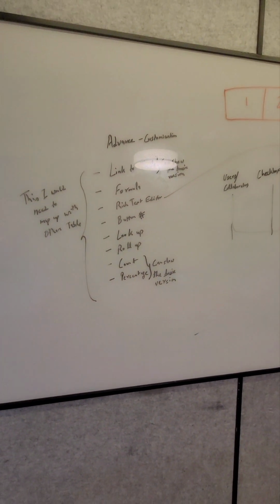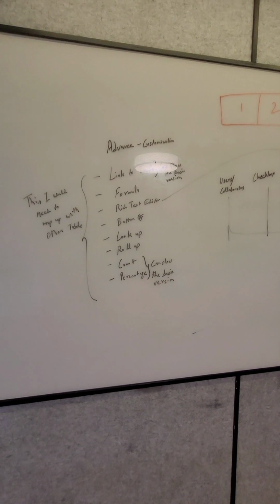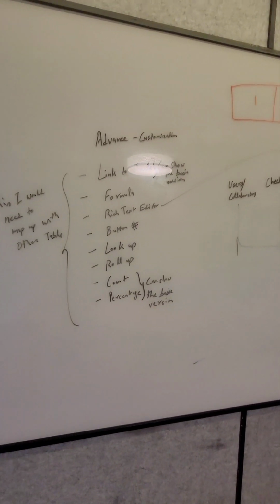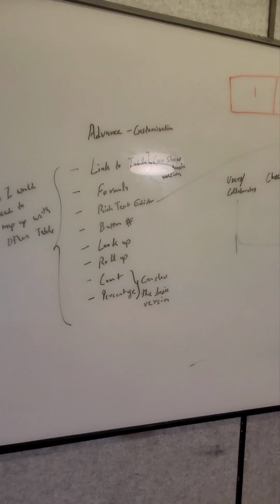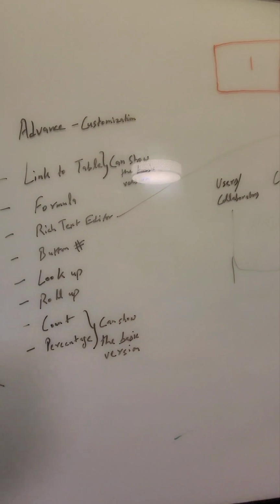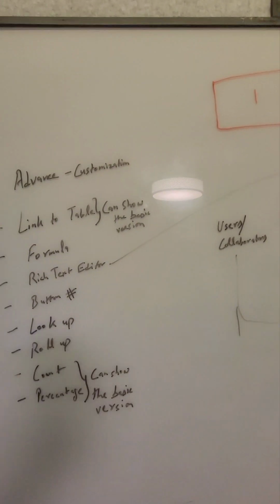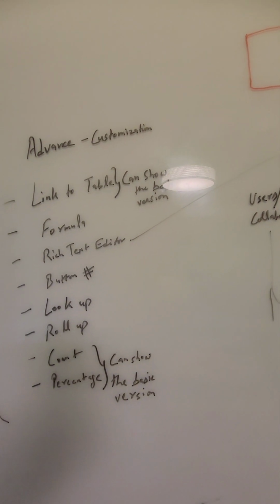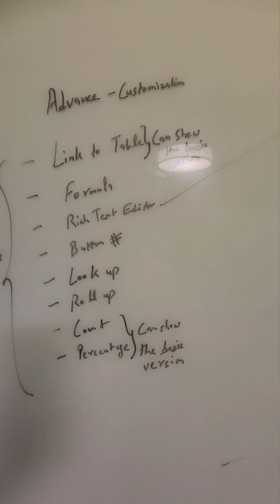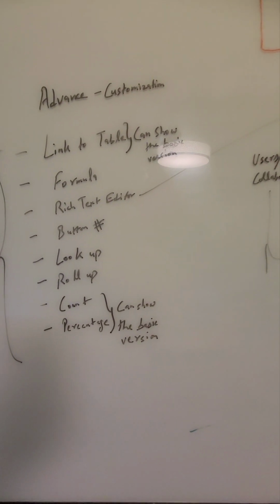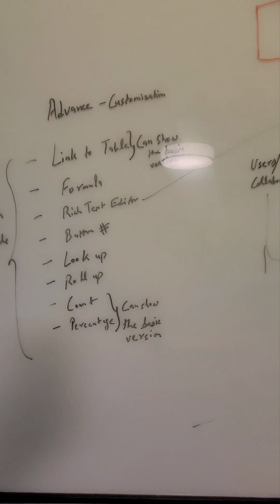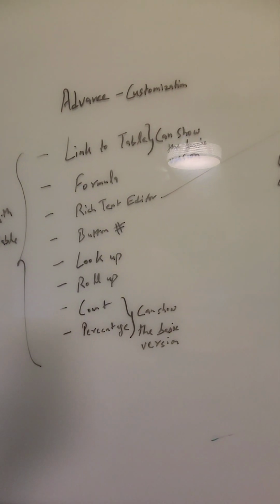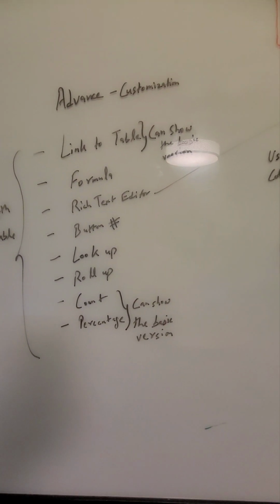On the left of the whiteboard is advanced customization, which is going to be linked to a table that can show the basic version. I can show the basic version in this paid course, but for the advanced version, I would offer my services to clients as a paid service.